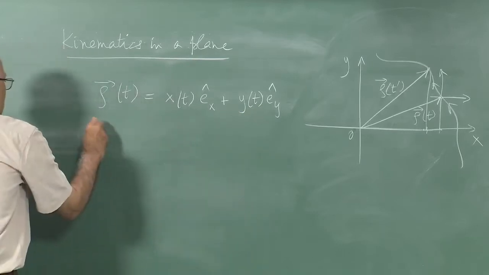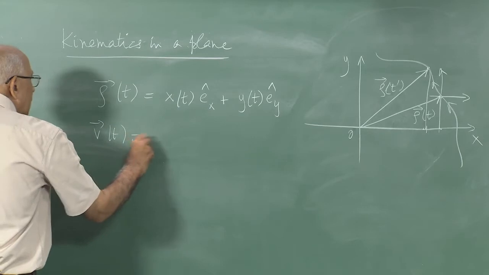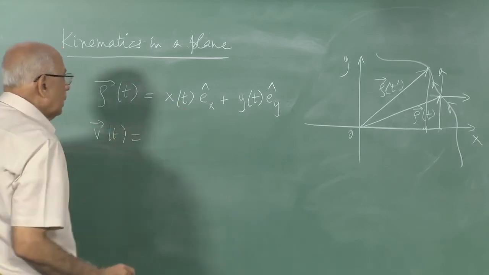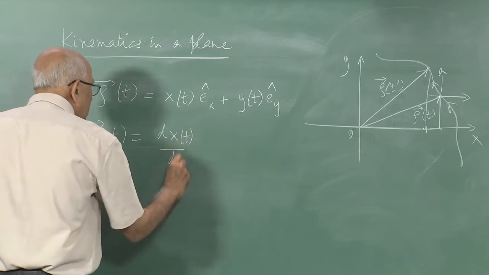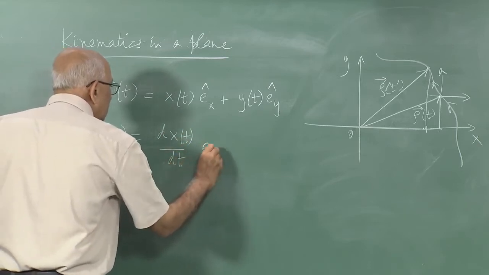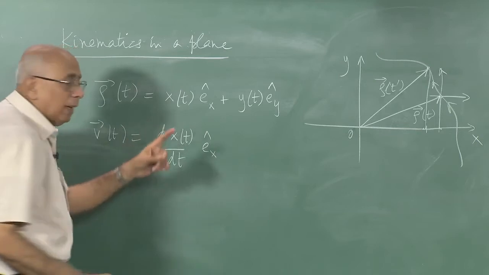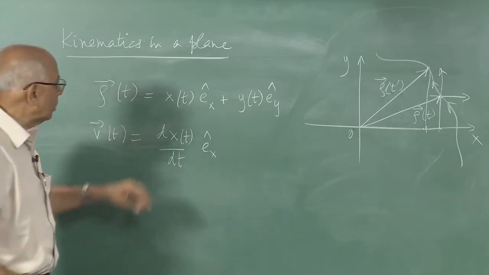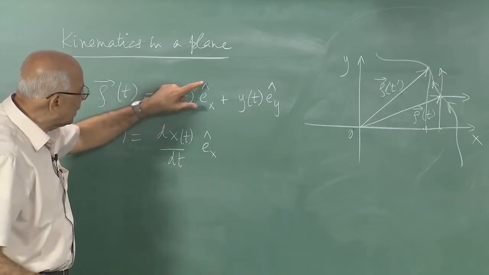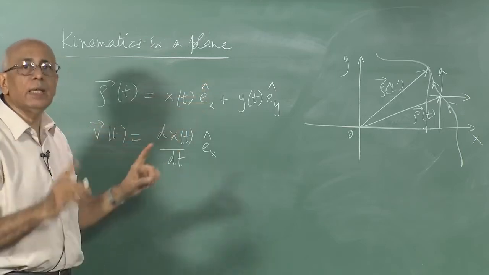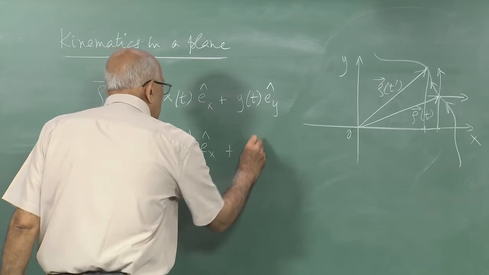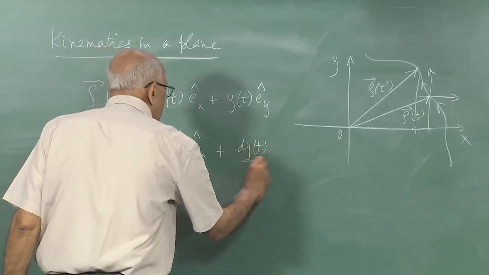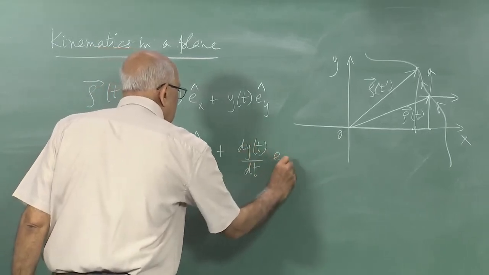The velocity v of t is the time derivative of this quantity, and what you need to do is to differentiate x of t with respect to t times Ex. By the Leibniz chain rule, you also have x of t times the derivative of Ex, but that is 0 because Ex is a constant, plus similarly dy of t over dt times Ey.